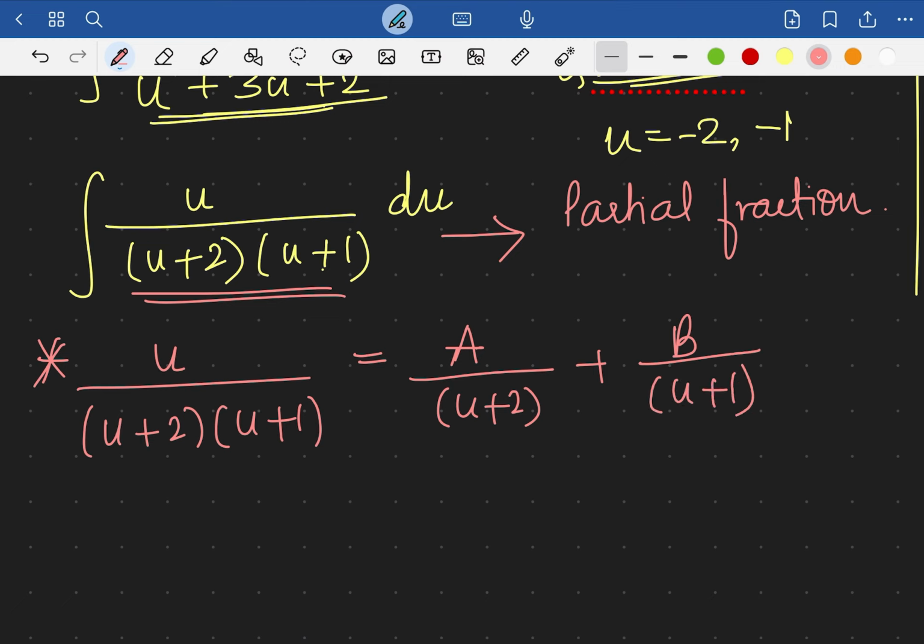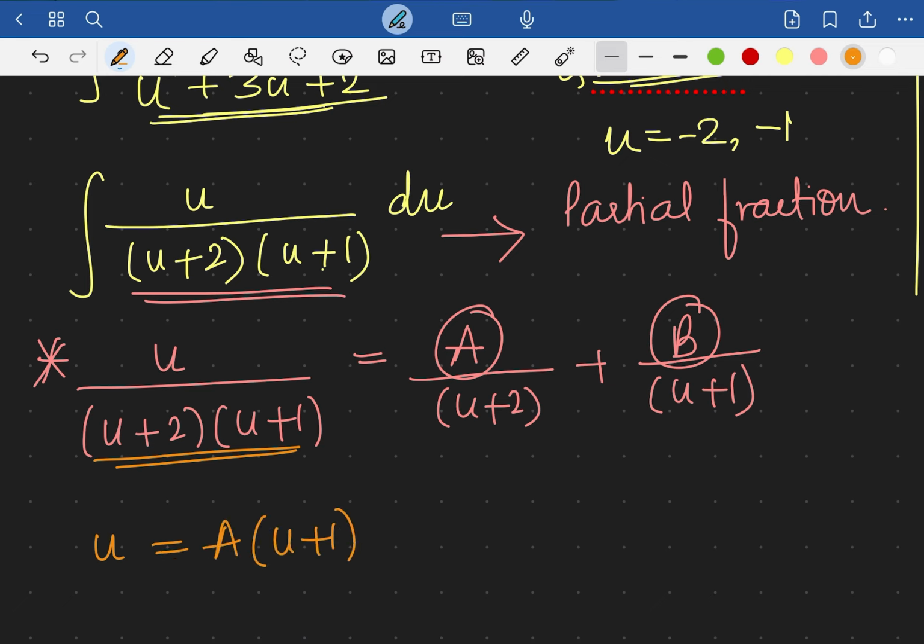Now I will have to find the values of a and b. How can I solve this? The first step is to multiply the denominator to both sides. Hence your equation will become u is equal to a times u plus 1 plus b times u plus 2.